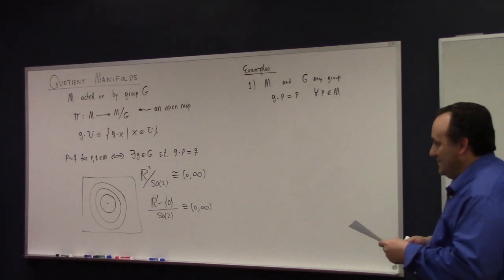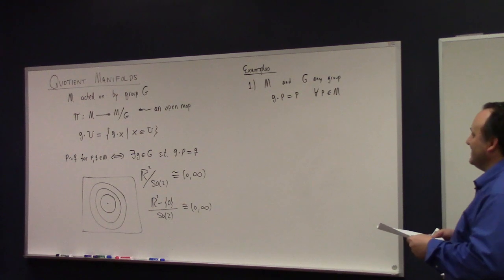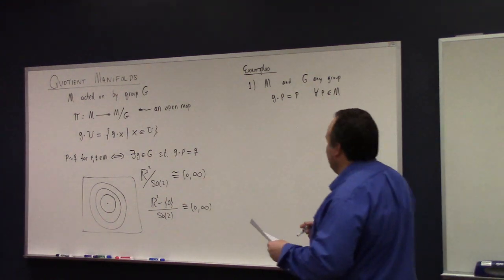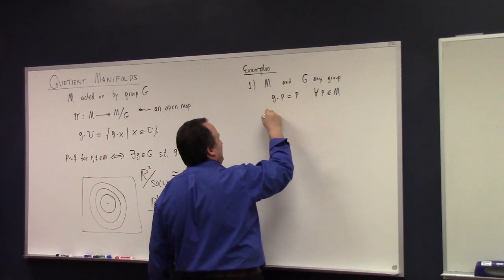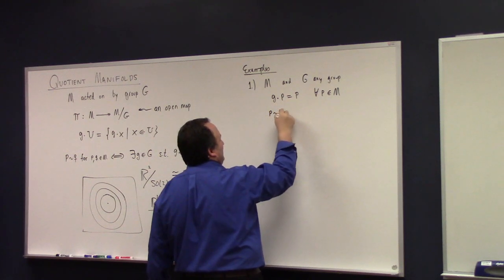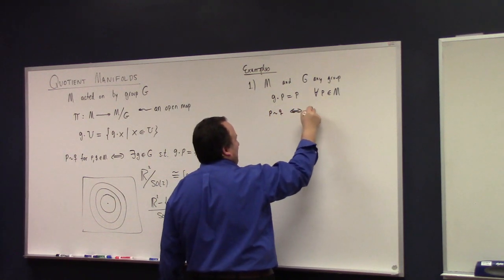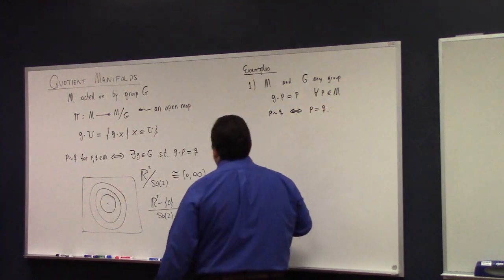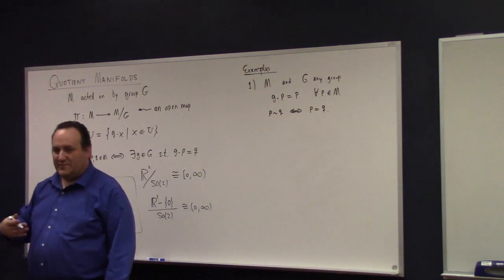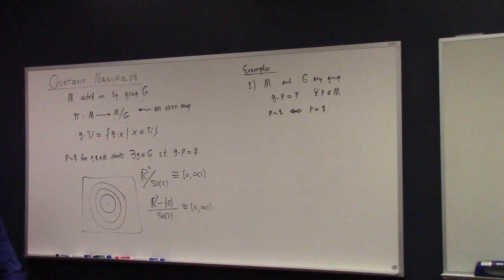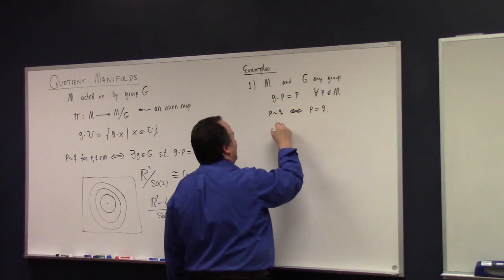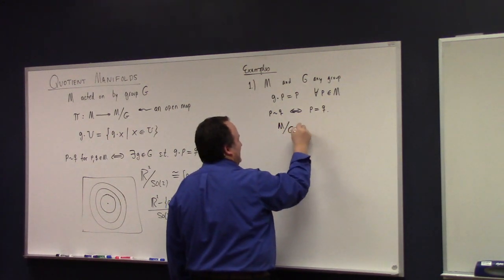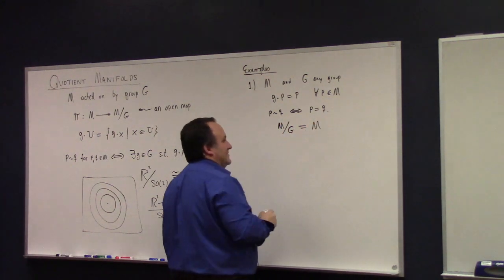What are the orbits here? Basically P is equivalent to Q if and only if P equals Q, right? So the equivalence classes of the equivalence relation here are just single points, they're just singletons. And so in this context, M mod the equivalence is just M again.